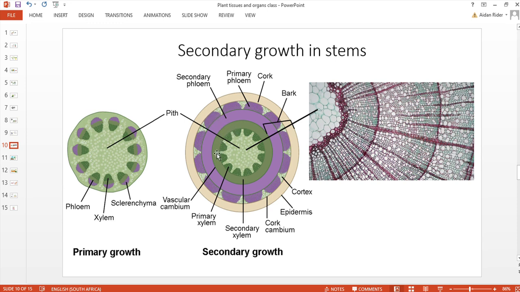So this band, this green band, shows 1 year of growth, and the next band also shows another year of growth. Here it shows secondary phloem. This is also part of the phloem, but it's the 2nd year of growth, and this is your secondary xylem. Here it shows. And so all these rings actually show you how the plant has grown over the years.